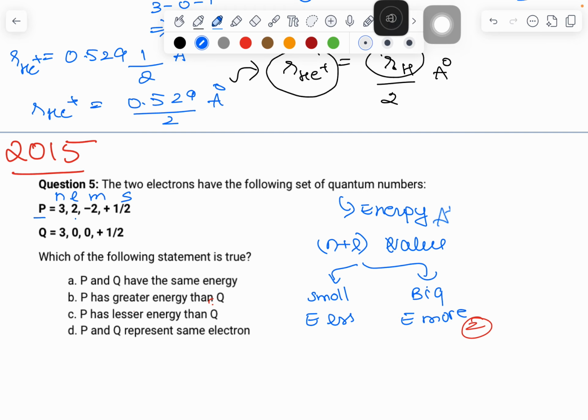Adding 3 plus 2 gives 5, that is n plus L. Q has n, L, m and s, and adding n plus L gives 3. So P has greater energy than Q. Let's see the statements. P and Q have the same energy is wrong. P has greater energy than Q is the right option.